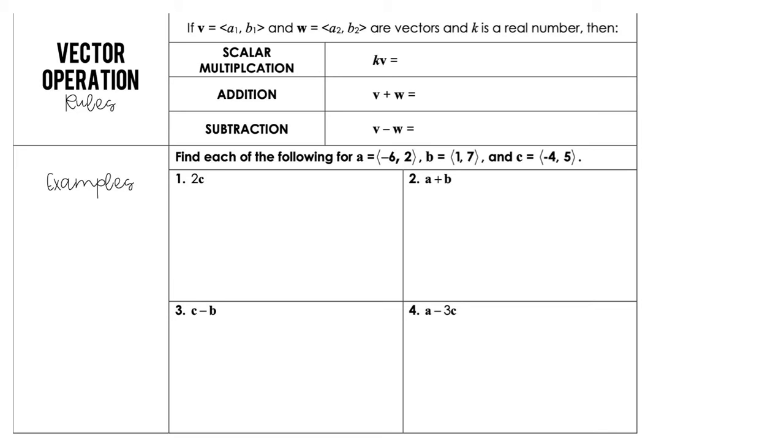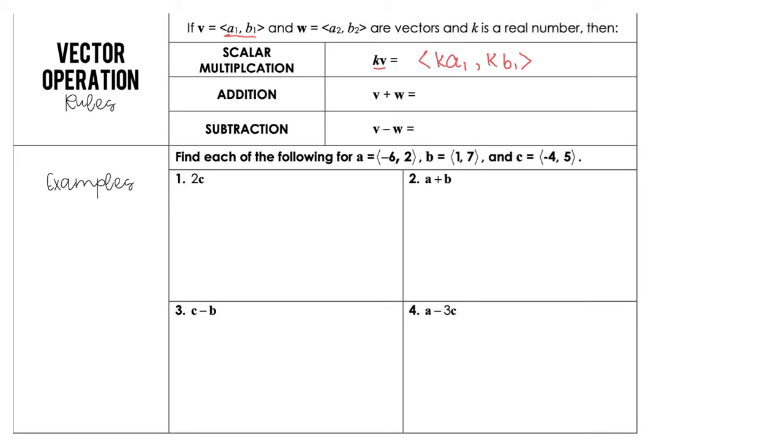So whenever you're looking at scalar multiplication, let's say K times V, here's vector V. So K times V is going to be K times A sub 1, comma, K times B sub 1. Notice A sub 1 and B sub 1 are in component form.